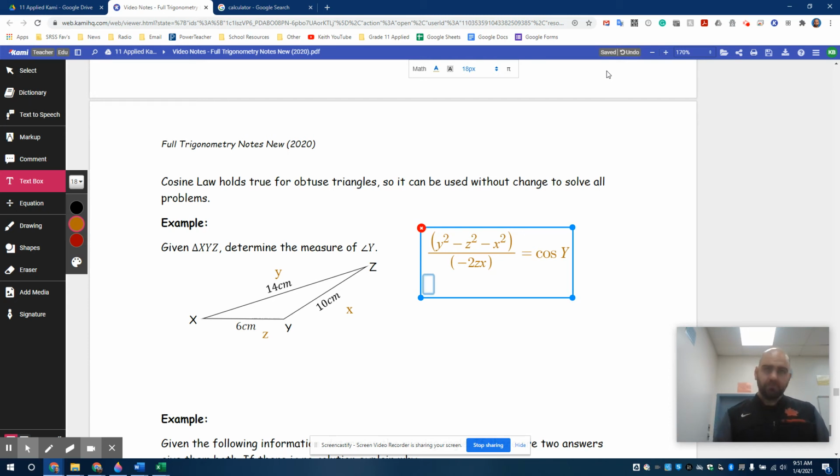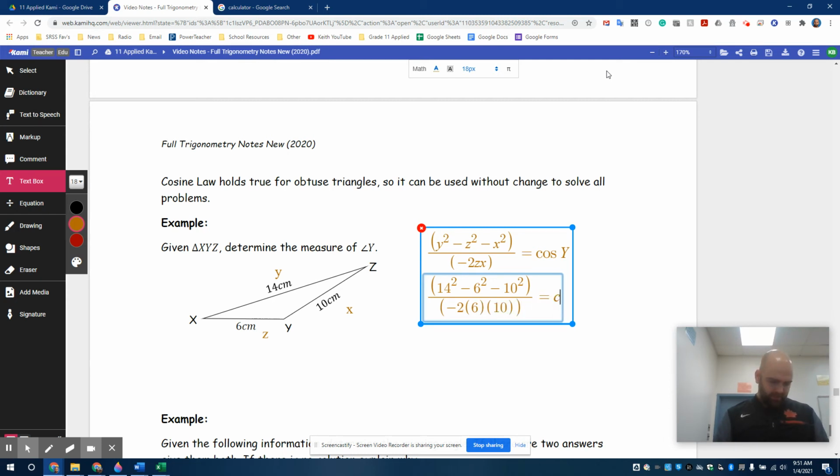But we would have, let's see, 14 squared minus 6 squared minus 10 squared, divided by negative 2 times 6 times 10.